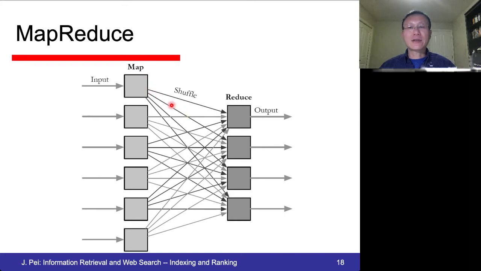And then at the shuffling stage, which is automatically done by the master, those data entries will be shipped to the reducers in the way that all those data entries with the same key will go to the same reducer. And then the reducer will independently process all the data entries assigned to it and then produce the output.